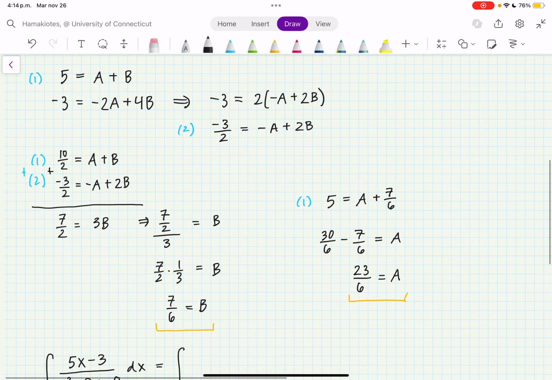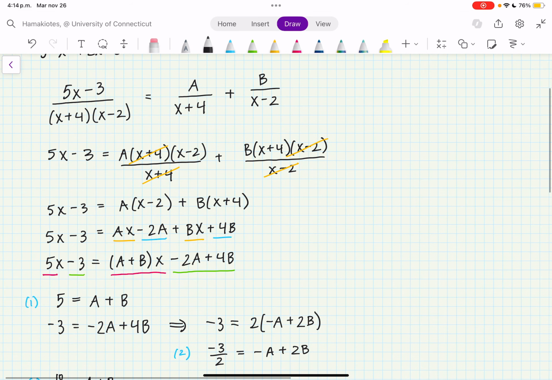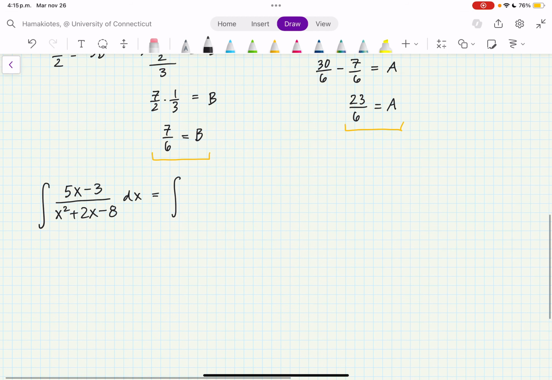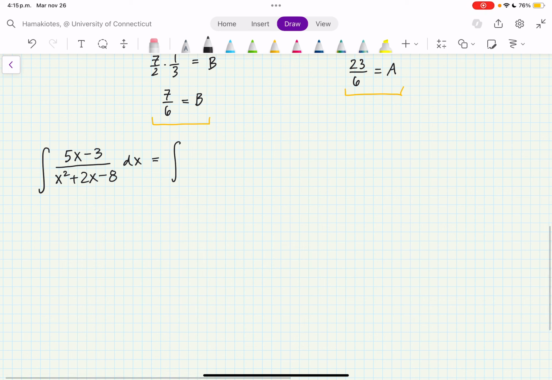So we had written it as A over x plus 4 plus B over x minus 2. So given what we just solved for, we have A, which is 23/6 over x plus 4, plus B, which is 7/6 all over x minus 2, dx.